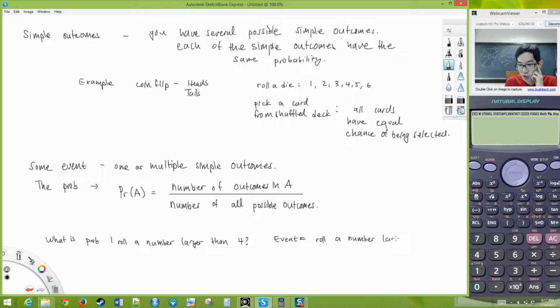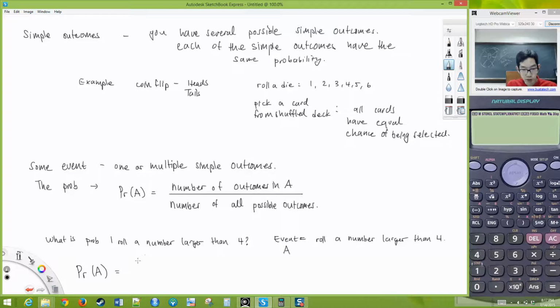We'll just call this A. So the probability of A: what are the outcomes I can get that are bigger than 4 when I roll a die? 5 and 6, right?